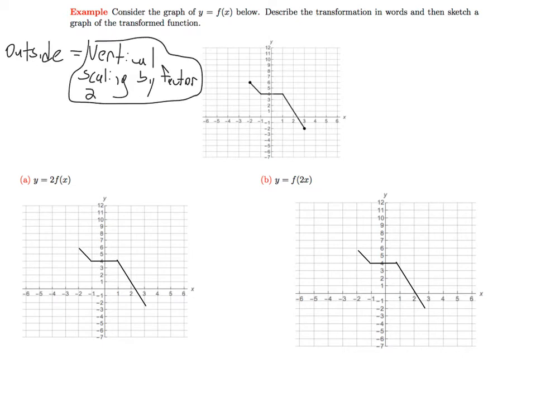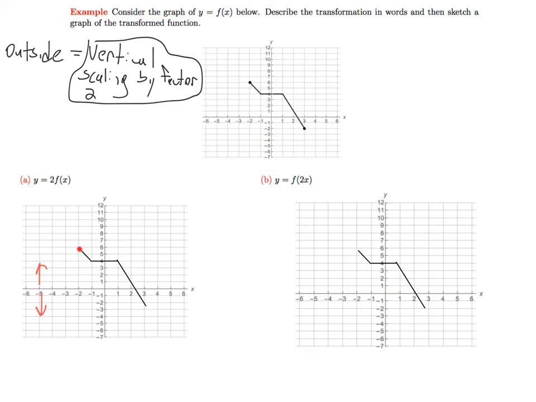What that means is each point on the graph is going to get moved away from the x-axis in a vertical direction by a factor of 2. So it's going to wind up 2 times as far away from the x-axis. The point at minus 2, 6 is 6 units away from the x-axis.